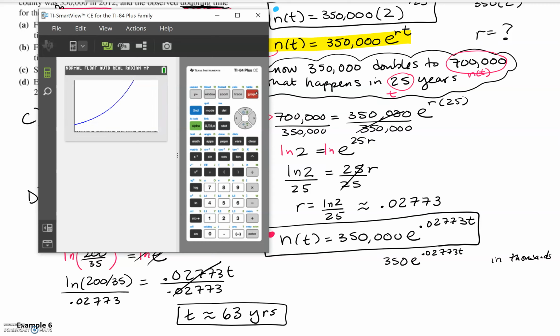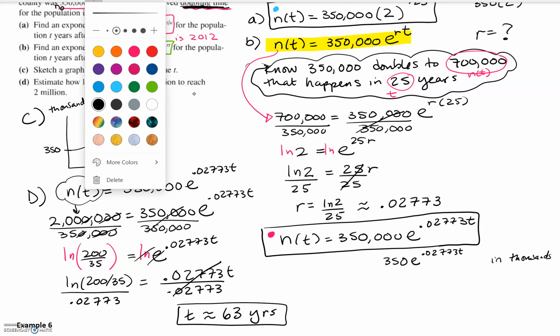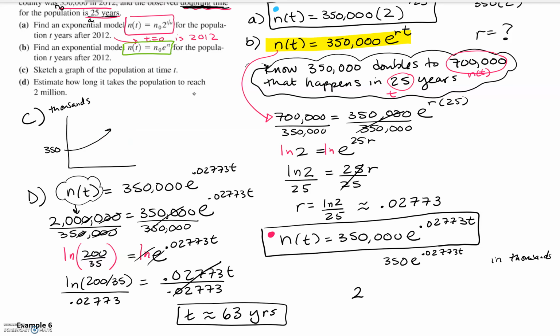But I want the population to reach 2 million, and 2 million in thousands is, I guess, 2,000 thousands, right? If I want to put it into my TI, since my scale was in thousands, because I didn't want to put the whole million in, that's going to be 2,000.